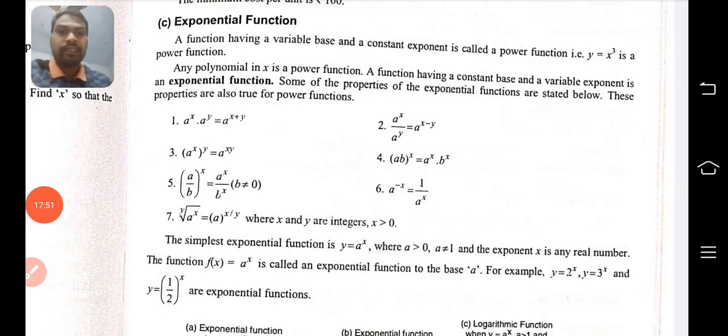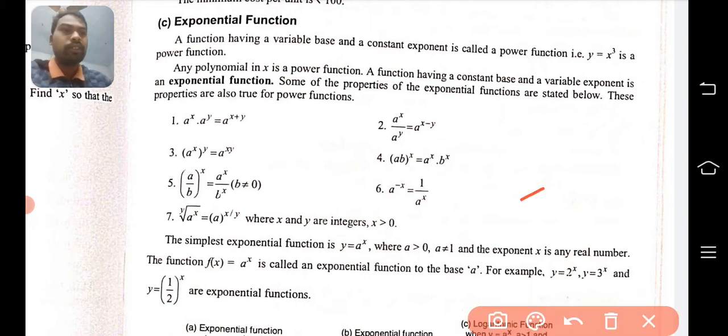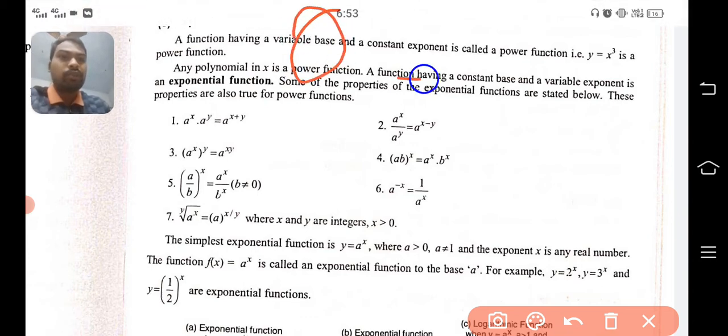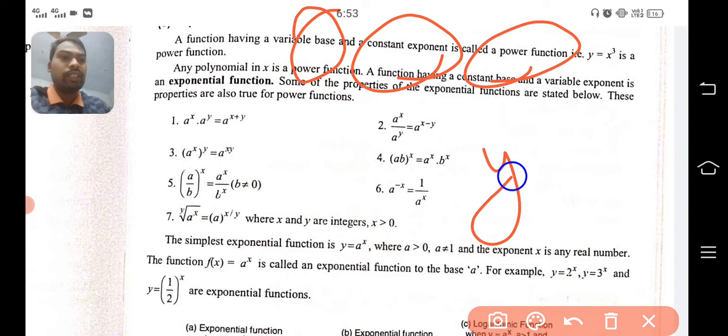So let's discuss next the exponential function. A function having a variable base and a constant exponent is called a power function. If the exponent is constant and the base is variable, it is called a power function, and we can write y is equal to x to the power 3.